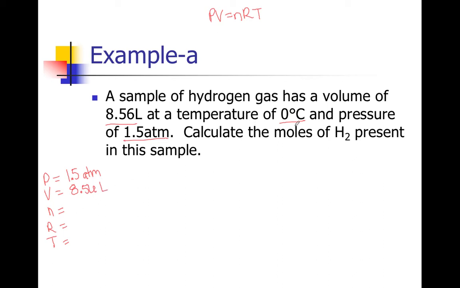We are asked to find the number of moles of H2, so that's what we're trying to find there. The gas constant is 0.08206 liters times atmospheres divided by moles times Kelvin. And the temperature that we're given is 0 degrees Celsius, so we need to add 273 to that to get our temperature in Kelvin, which is just 273 Kelvin.